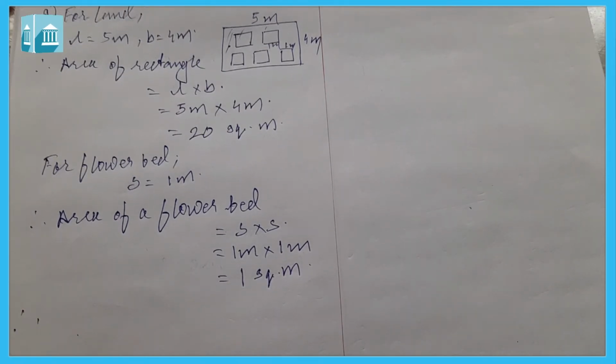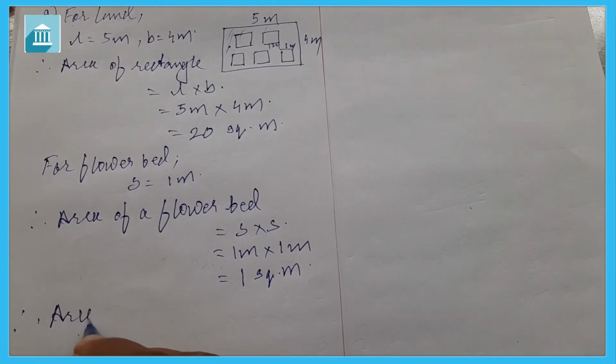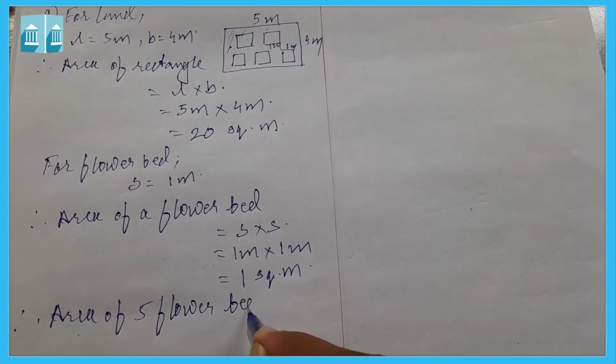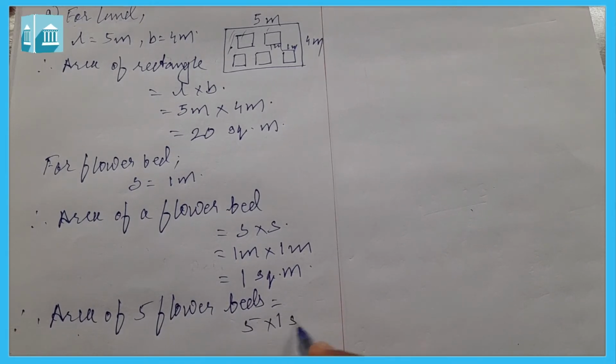Here it is given that there are 5 square beds. So area of 5 flower beds is equal to 5 into 1 square meter, which is equal to 5 square meter.